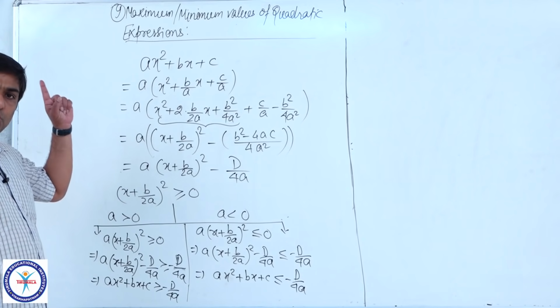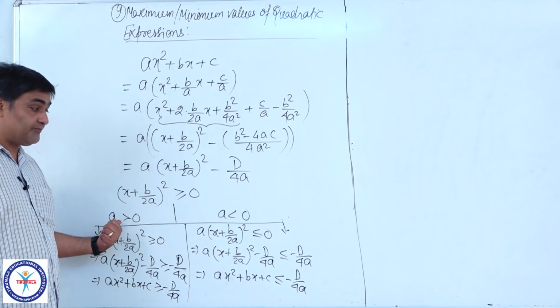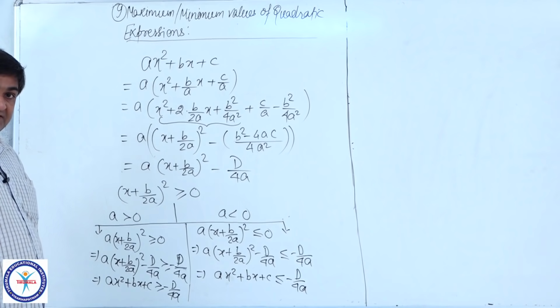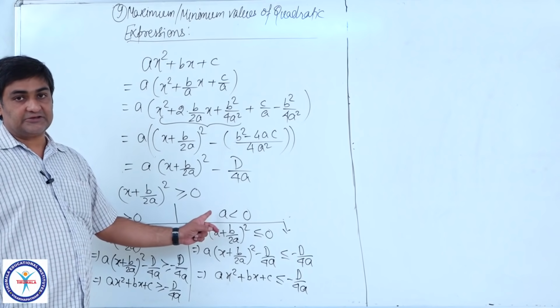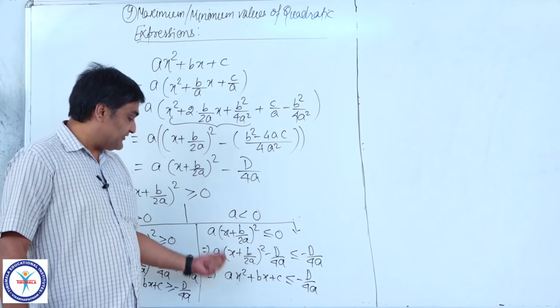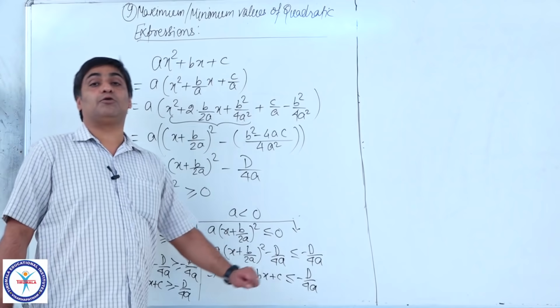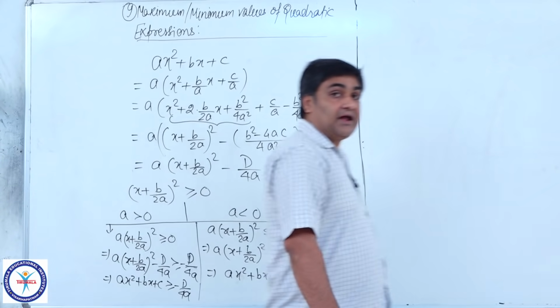The maximum value will go up to infinity when the coefficient of x square is positive. Then the minimum value is minus d by 4a. Now here, when a is less than 0, that is, the coefficient of x square is negative, then this expression is either equal to minus d by 4a or less than that.